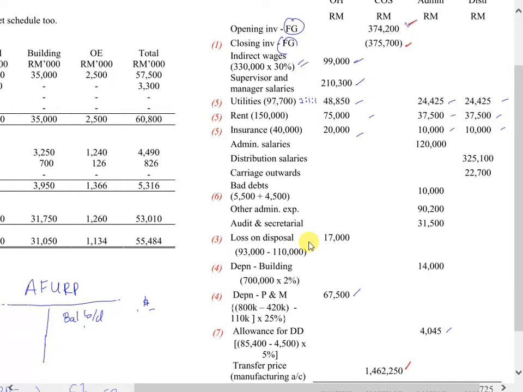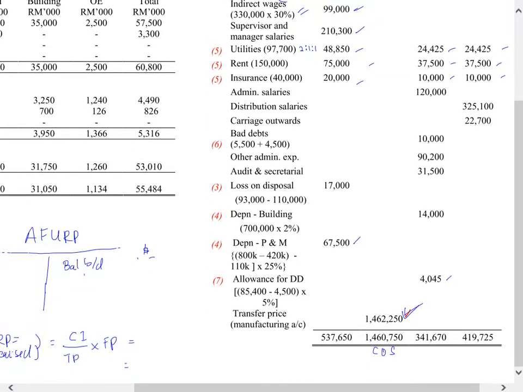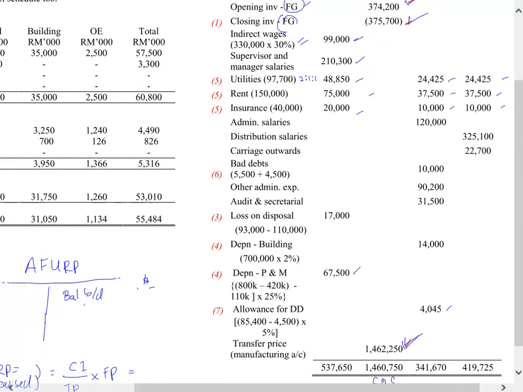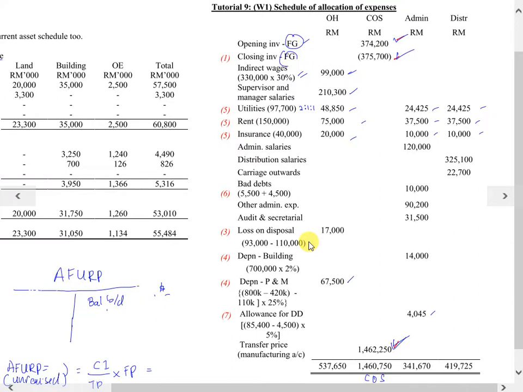Opening finished goods, transfer price 1462, less closing, what do I get? Opening finished goods plus transfer price less closing, I got my cost of sales. So again, show as a working. Okay, opening, transfer, closing. So we'll come back to this later.